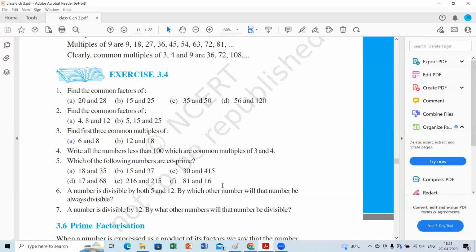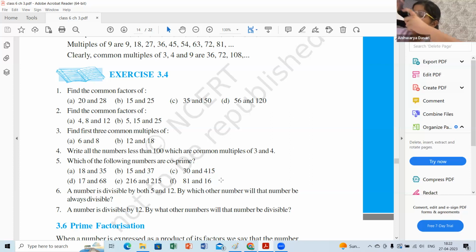If a number is divisible by both 5 and 12, then it is always divisible by the product of those two numbers. The product of 5 and 12 is 60. So 60 is the other number that will always be divisible by 5 and 12.